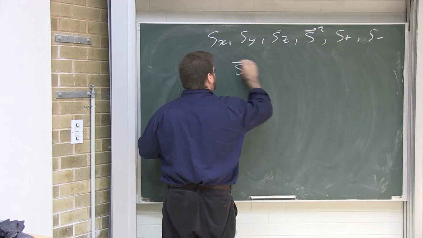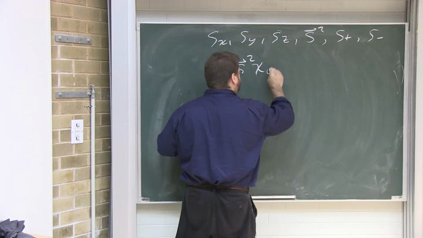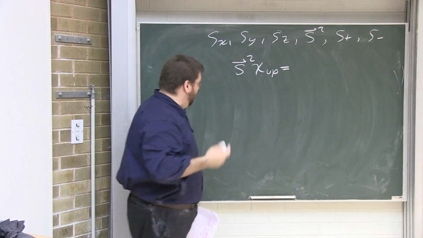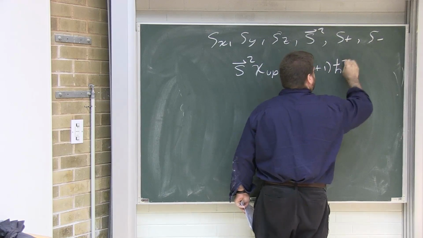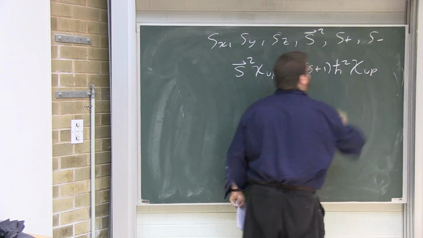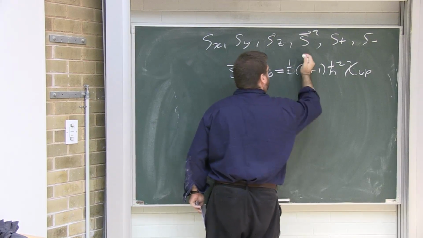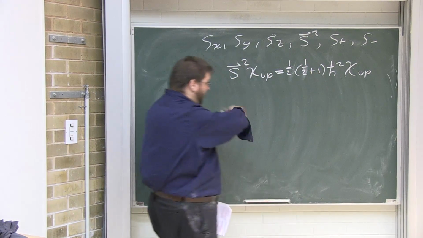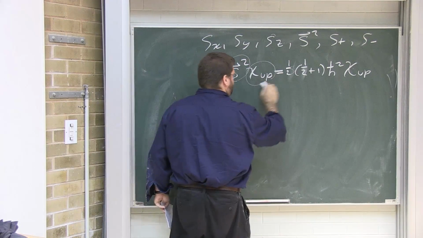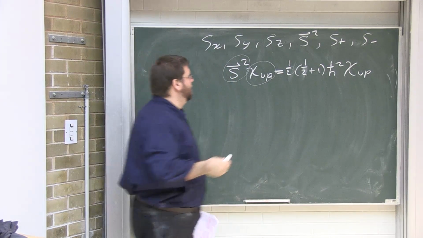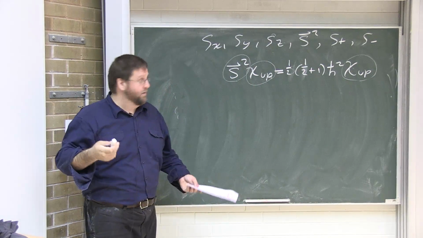And these things will have the usual properties. So for example, we know that S squared must act on, let's say, the up spinner, and what you'll get will be S times S plus 1, times h bar squared, times the spinner again. But S here is a half. So we should have this equation obeyed. This is a 2 by 2 matrix, and this is a column vector, more precisely a two-component spinner, and that should certainly obey this eigenspinner equation.